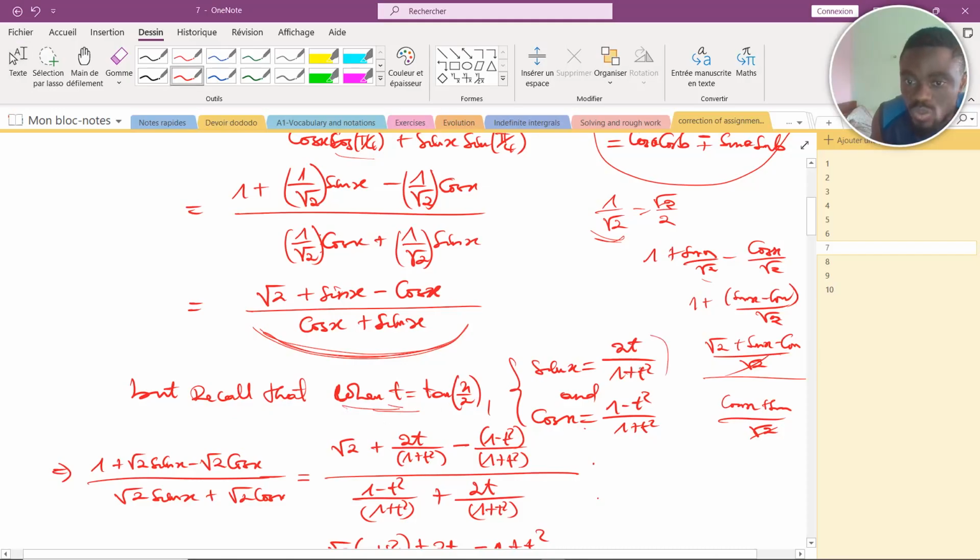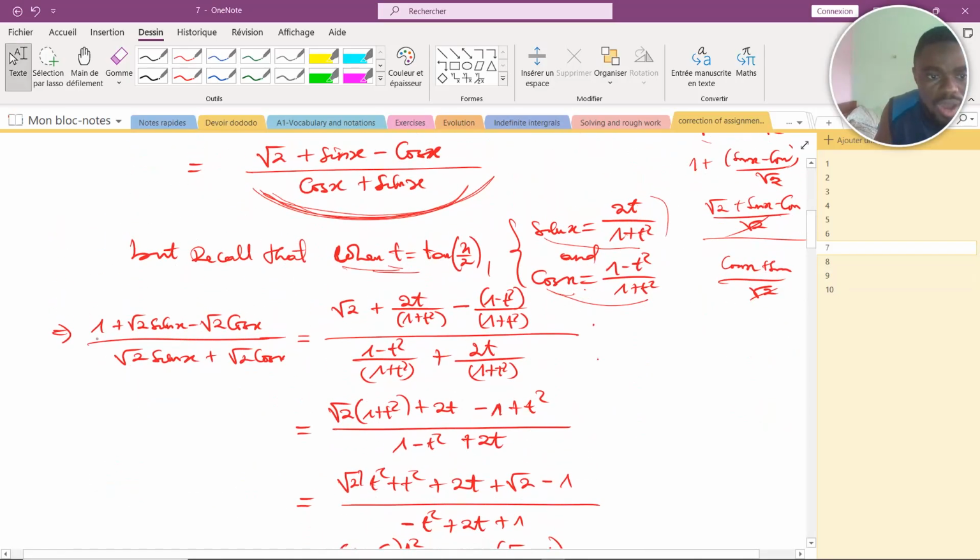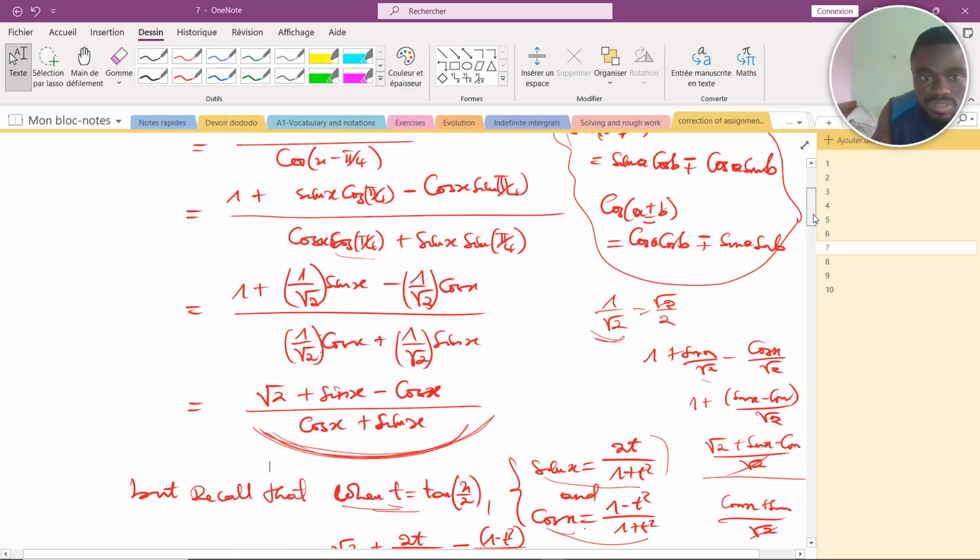Our sine x was 2t on 1 plus t squared, and our cos x was 1 minus t squared all over 1 plus t squared. Is that okay? I'll then take this cos x in terms of t and this sine x in terms of t and substitute it here. So that will give me, I'll have 1 plus, let me see something.